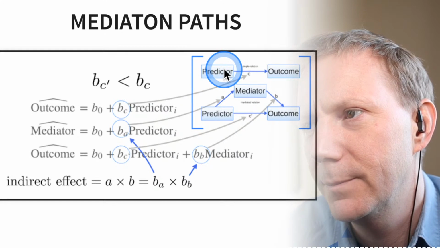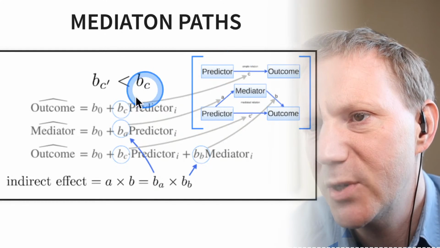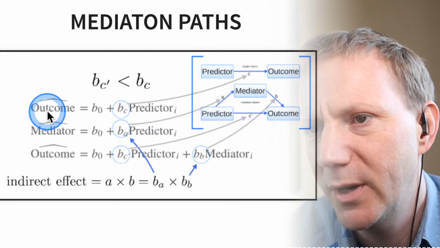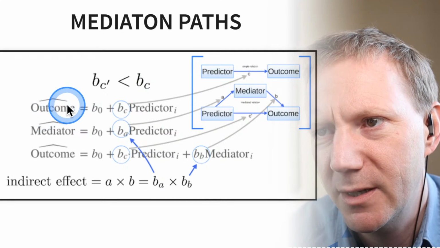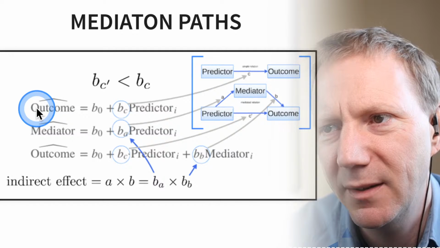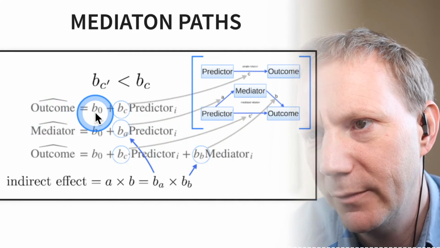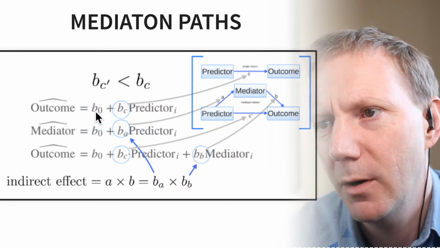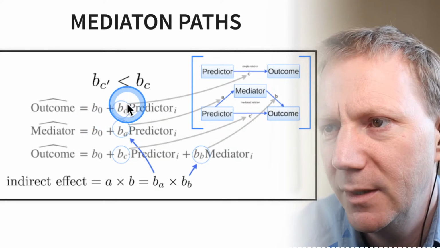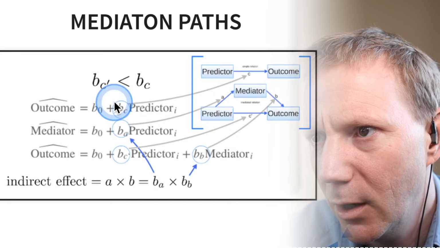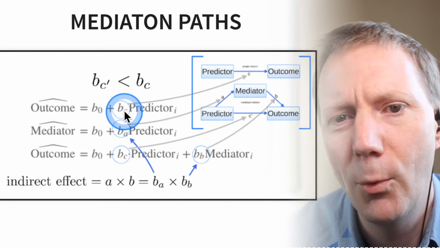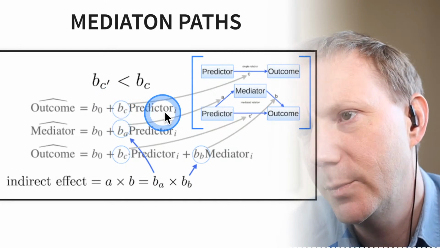So in terms of a regression model, you predict the outcome, and that's why there's a hat on it. It's a predicted outcome, which is determined by a regression model where we have the intercept be 0 plus the coefficient or the weight that we apply to the predictor variable.